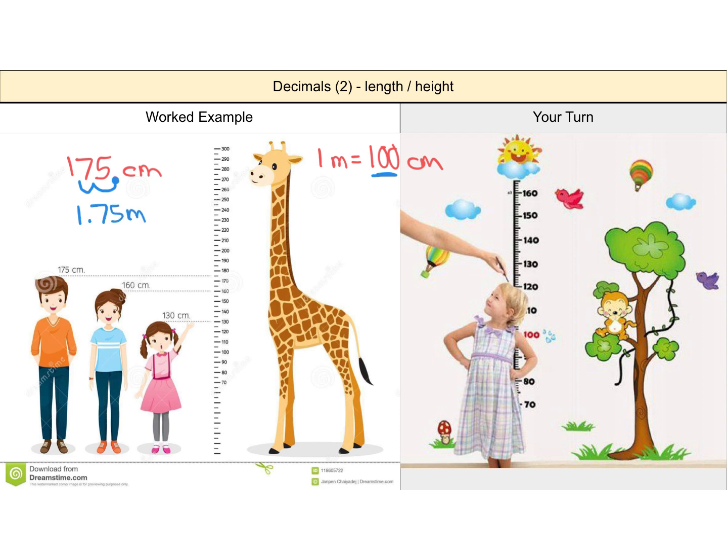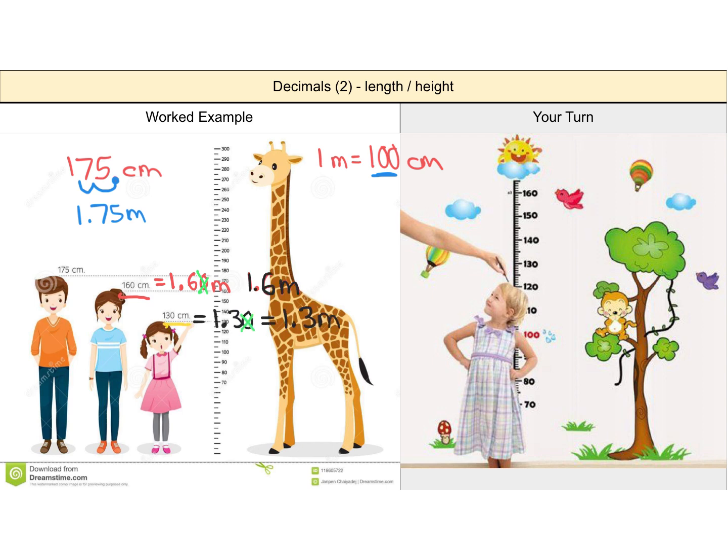And similarly, if the woman is 160 centimeters, that means she is 1.60 meters. But since this is a trailing 0, we can omit that 0 and say that she is 1.6 meters.